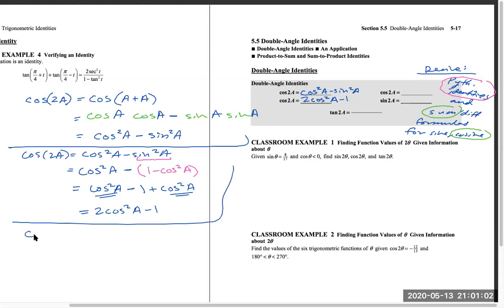And finally, let's start again from the first formula that we derived here in this section. Now I'm going to use another Pythagorean identity here. I'm going to change cosine squared a into the quantity 1 minus sine squared a.